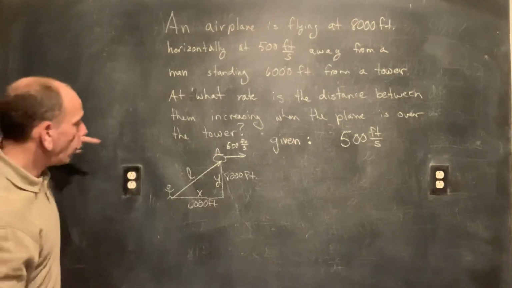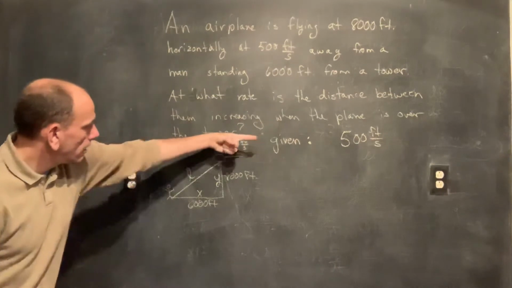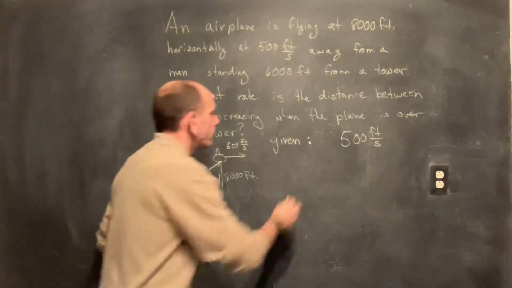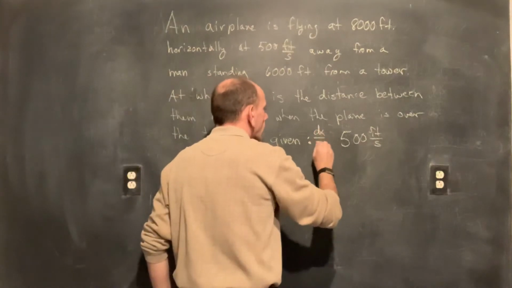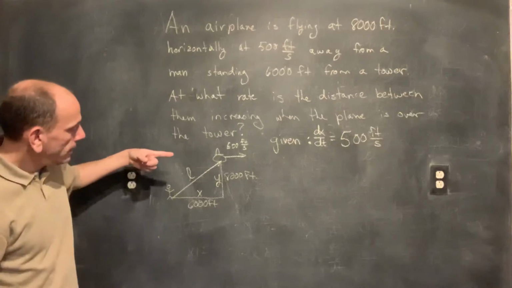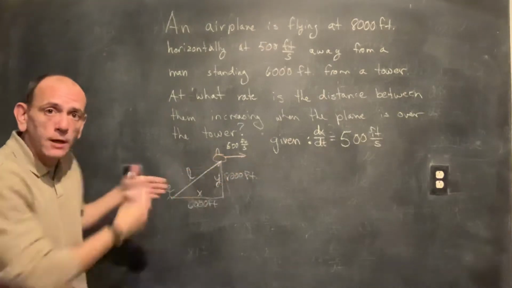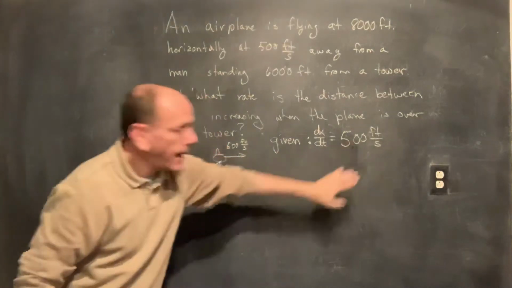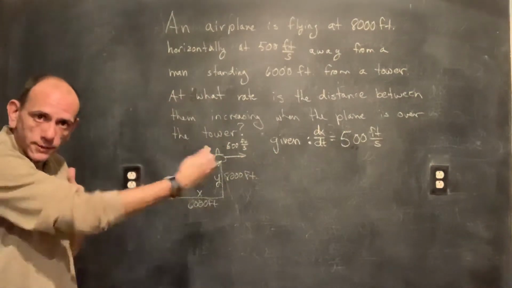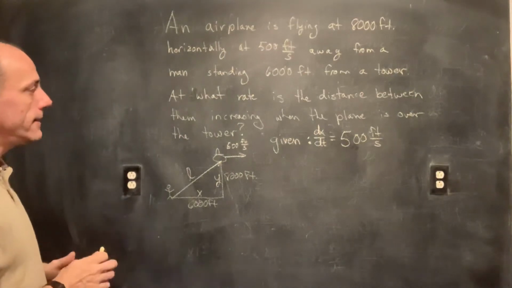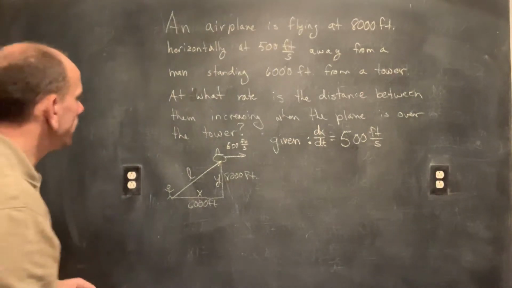So that's horizontal change, a change in x, dx/dt. And if that plane is flying away from him, that distance should be getting greater, so having a positive value makes sense. So we were given dx/dt is 500 feet per second.